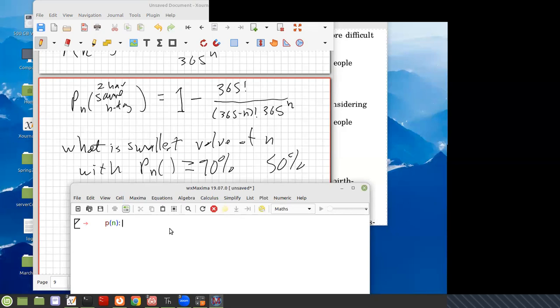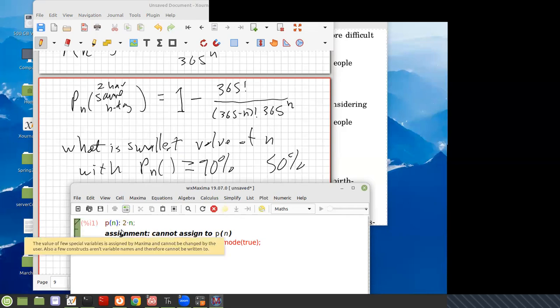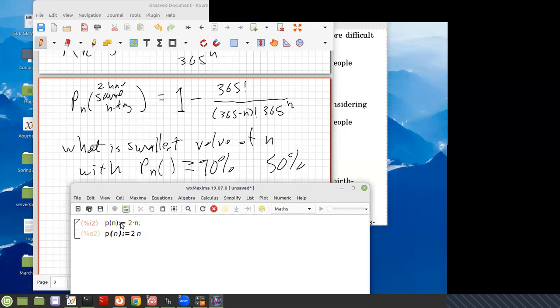Let's say P of n as a function equals 2 star n. I think we need a colon and an equal sign here. I always forget this. Yeah, there it is.